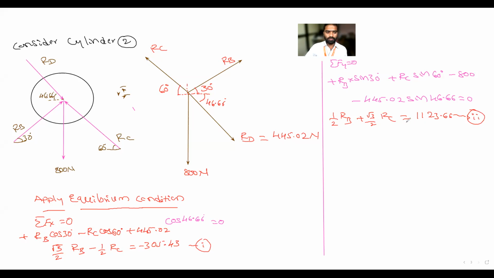So I will write this equation: √3/2 is equal to 0.866. 0.866 RB minus 0.5 RC is equal to minus 305.43. Next I will write the same thing: 0.5 RB plus 0.866 RC is equal to 1123.6. Is it the correct answer? Yes, sir.